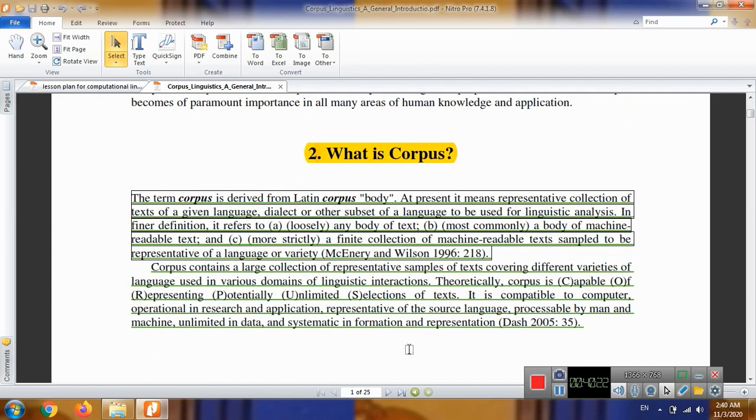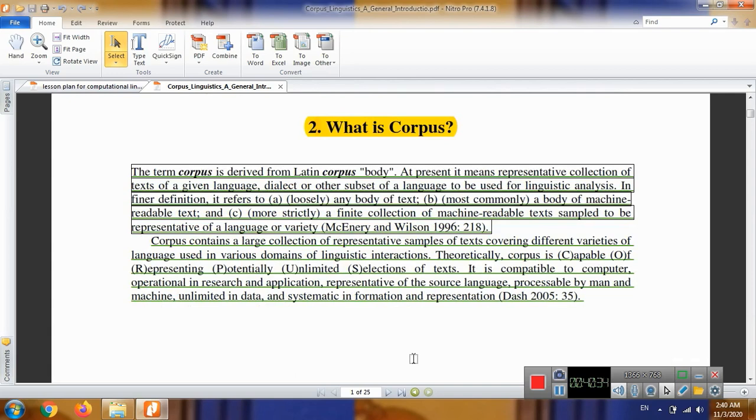Corpus itself contains a large collection of representative samples of text covering different varieties of language used in various domains of linguistic interaction. Theoretically, corpus is capable of representing a potentially unlimited selection of text.